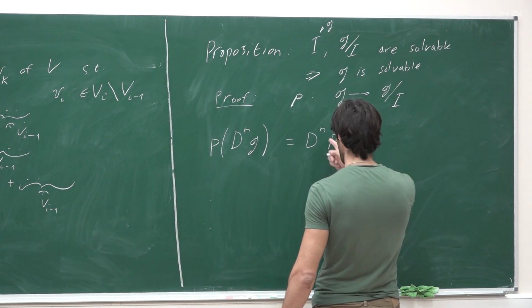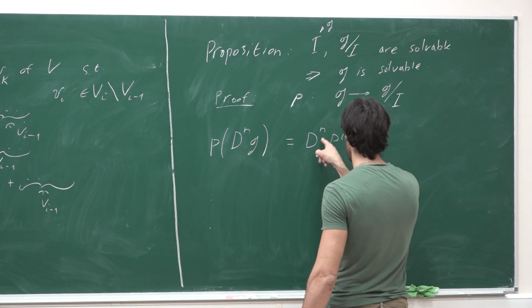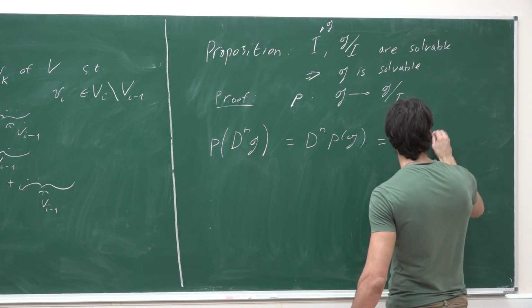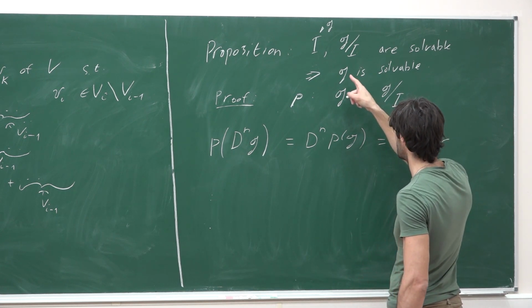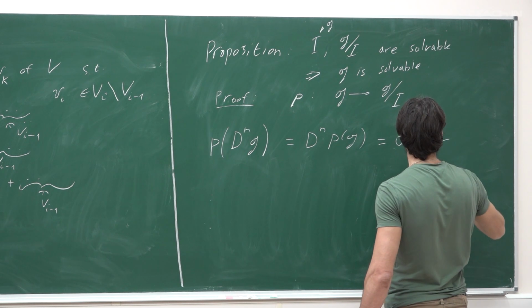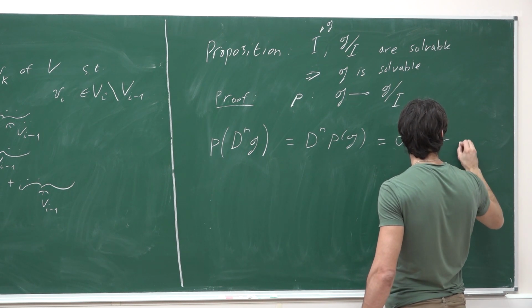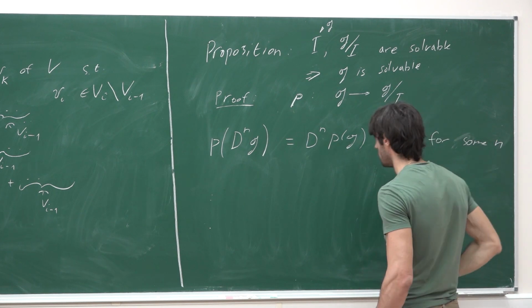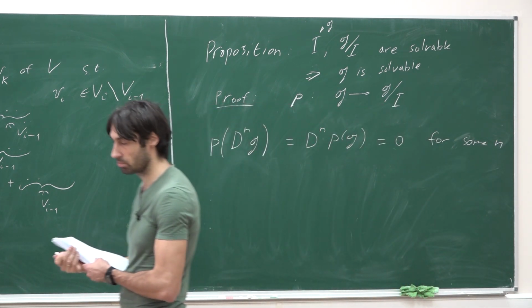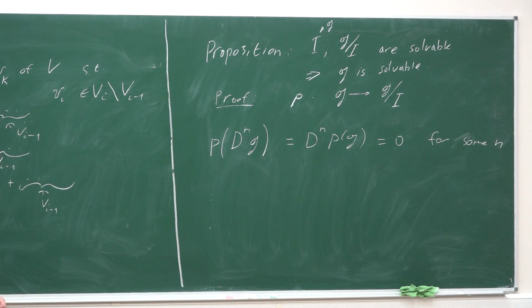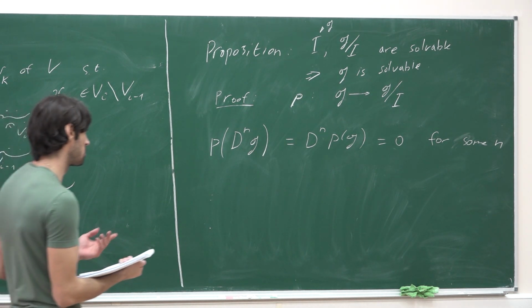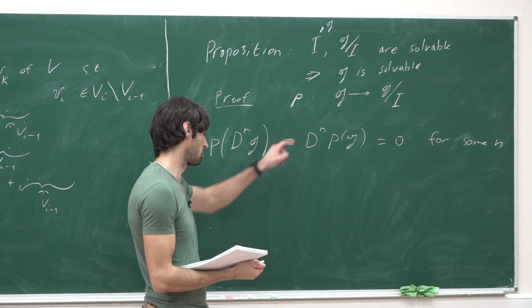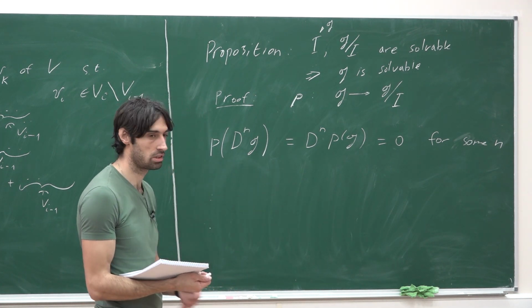But I can find an n such that this thing is 0, because G over I is solvable. So for some m, it just follows from the fact that P is a homomorphism of Lie algebras, surjective. If it's not just a homomorphism but an inclusion, inclusion is still okay here.